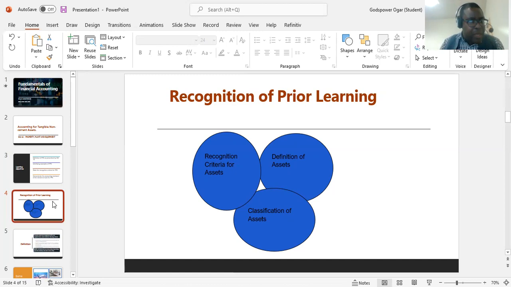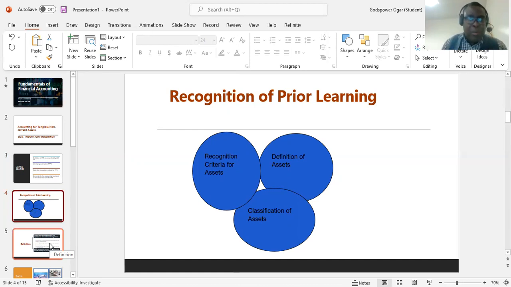Businesses are fundamentally profit-driven, and so the essence of owning assets is to ensure that there are economic benefits derivable from them. But today we are going to look at PPE, as I've said. Basically, assets are either tangible or intangible, and the tangible assets are subdivided into current and non-current assets.